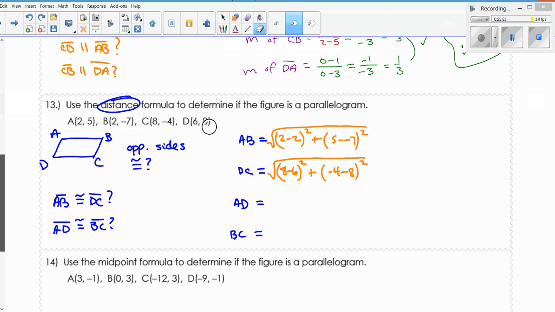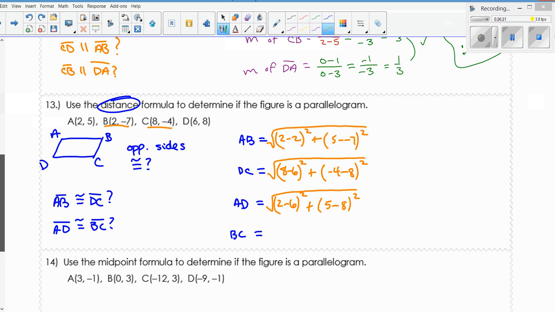My next one is segment AD. Here's A, here's D. My x's are 2 and 6, so 2 minus 6 squared, plus my y's are 5 and 8, so 5 minus 8 squared. Square root of all that. Alright, last one. BC, so these two coordinates.